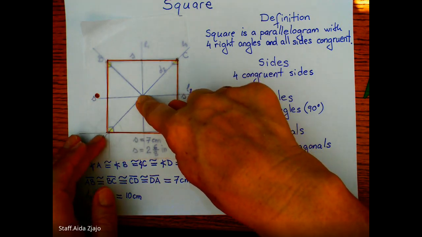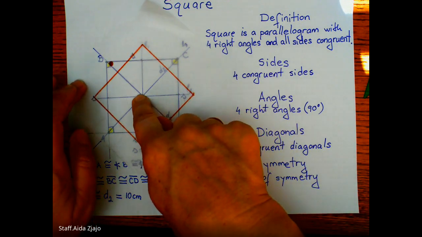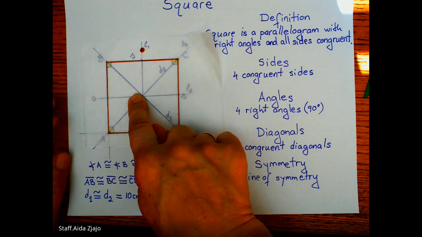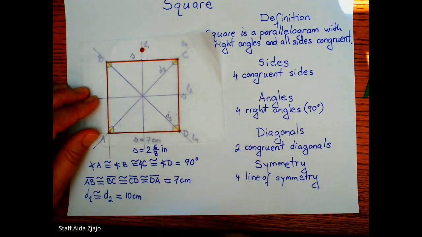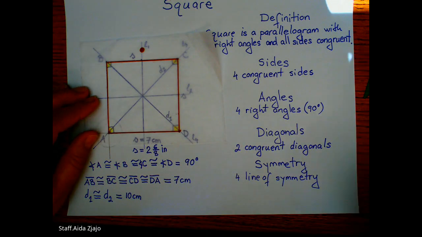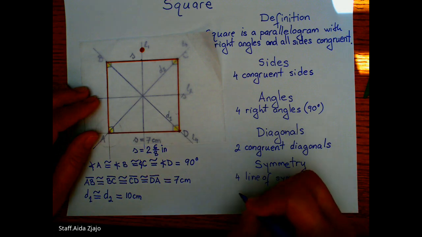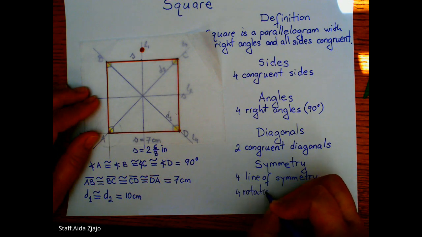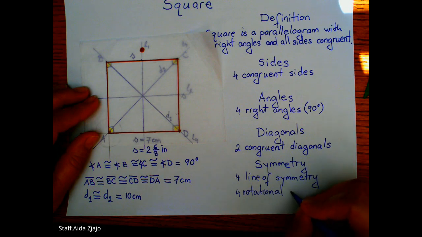And then if we do one more time, we will be back at the beginning. So we did 4 stops. So that tells us that there is 4 rotational symmetry.